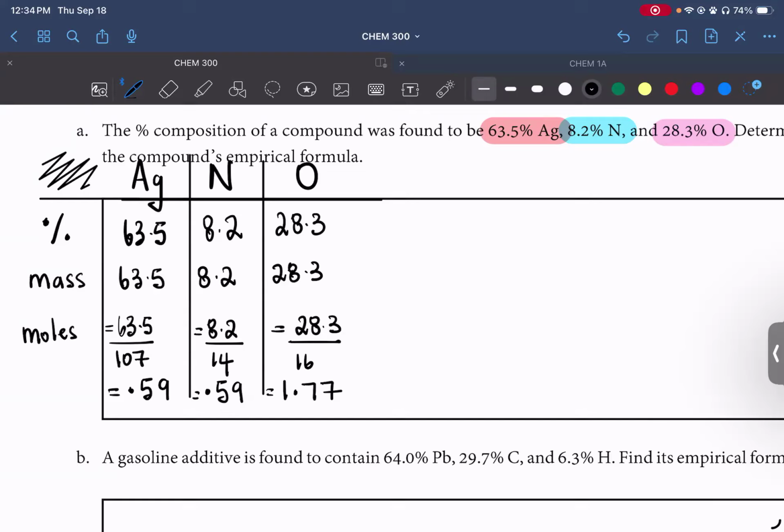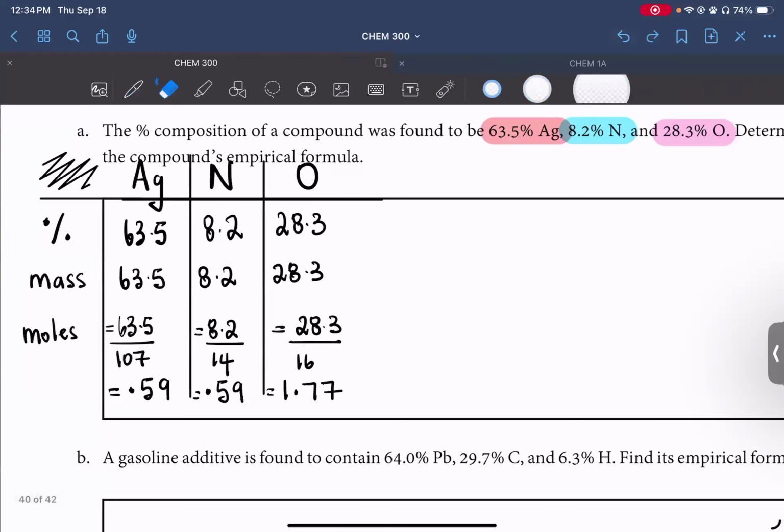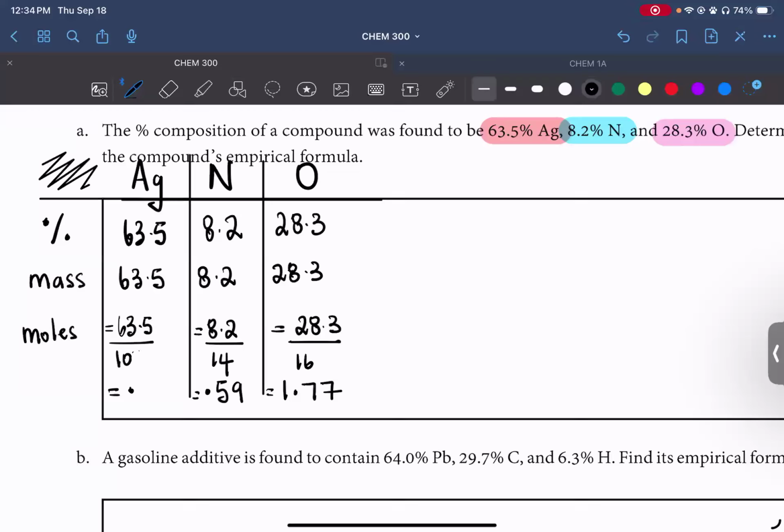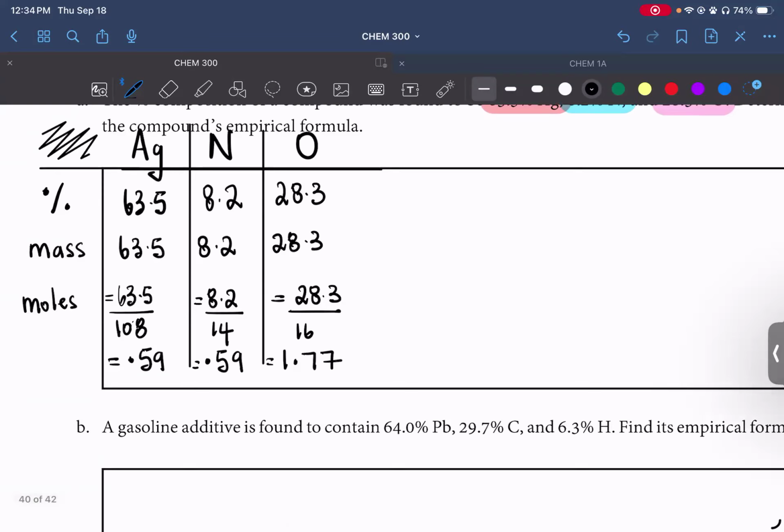Okay. That shouldn't really affect our answer too much, but let's do that for Paul's sake. 63.5 divided by 108. Change it to 108, it's still 0.59, so it doesn't change our answer. Now that we have the moles, we will calculate the ratio, which is we divide all of the numbers above by the lowest. In this case, there are two numbers that are identical that are both the lowest.